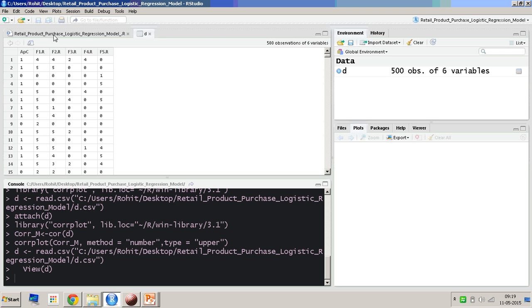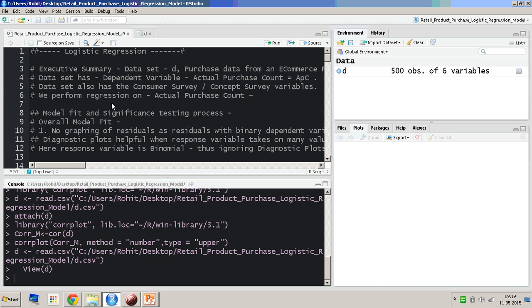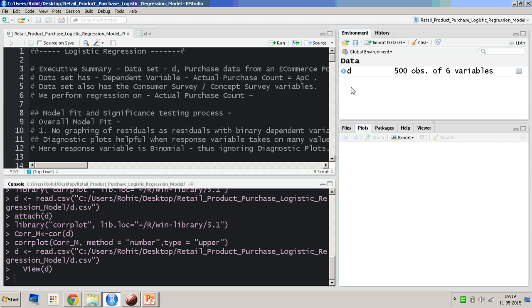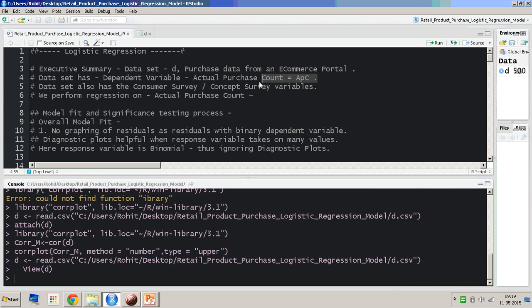Let's look at what we can do with this. We have a dependent variable, the actual purchase count, coded as the APC. This dependent variable is what we are going to regress, along with other independent variables which we have picked up from consumer surveys and certain concept surveys that we launched.